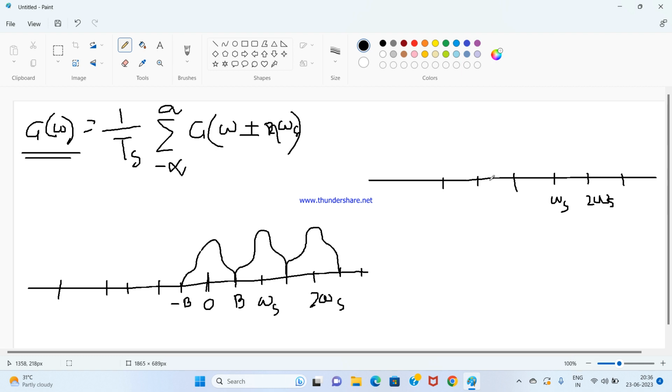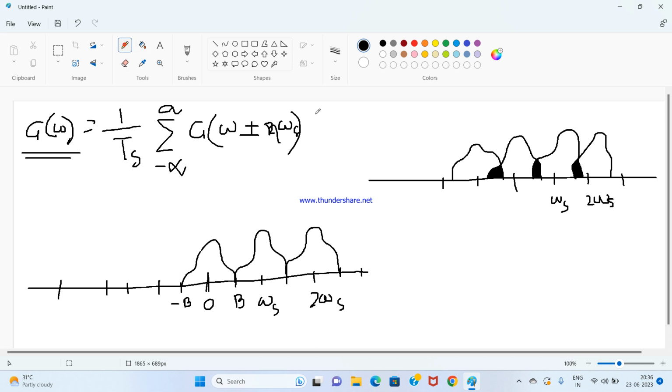Now this kind of situation is arising. That means this area is getting overlapped.